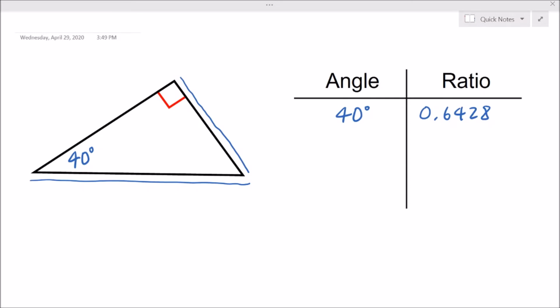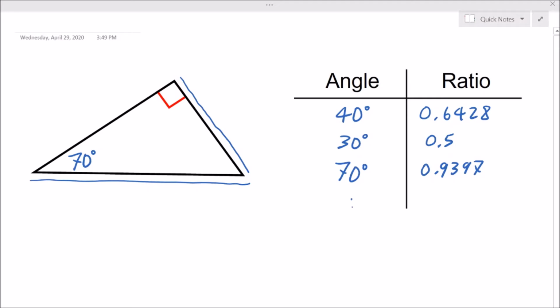And they did that with many, many angles. You know, we could do all kinds of angles. Let's say 30. Well, what about 30? Then the ratio is exactly 0.5. Or what about 70? Then the ratio turns out to be 0.9397. And you get the idea.